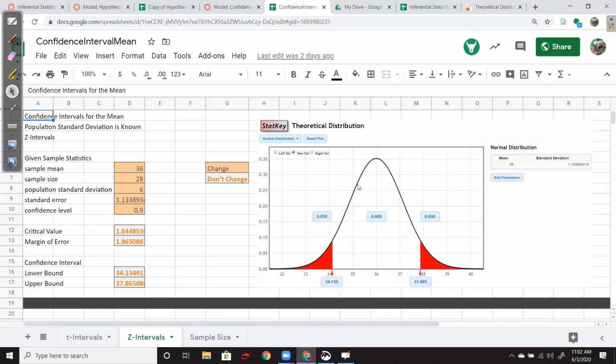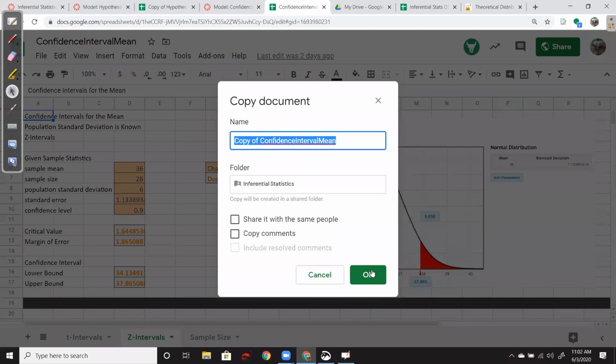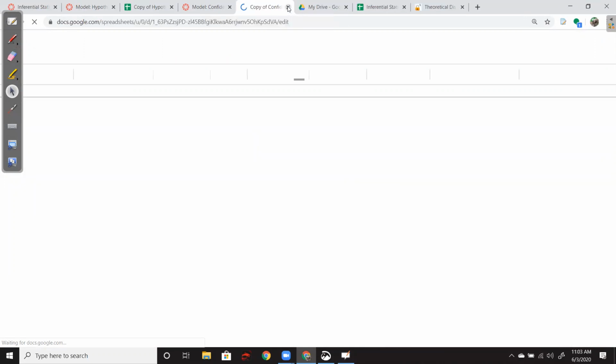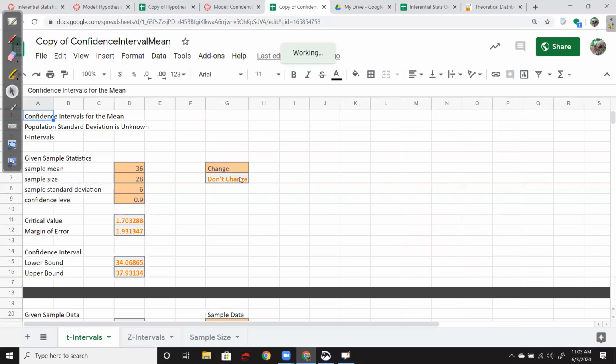And again, this picture relates to this situation, so we're doing a whole new situation. So I better make a copy of this so I don't mess up the original. Copy, sure. And you'll need to make a copy for yourself, but you don't need to continually make copies. You can just keep reusing the same one.